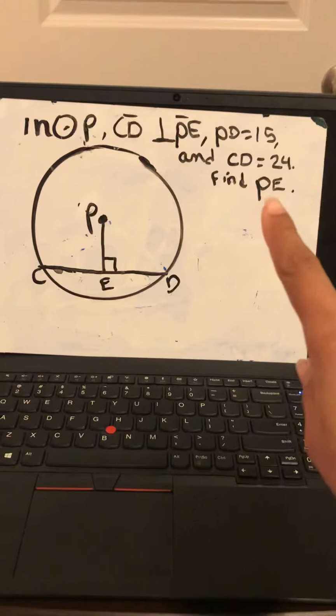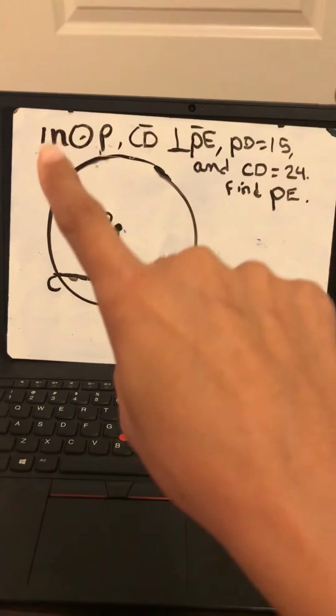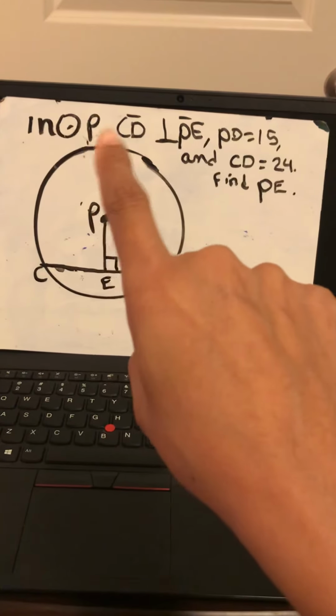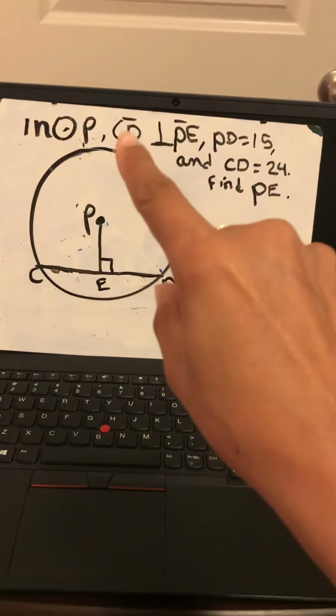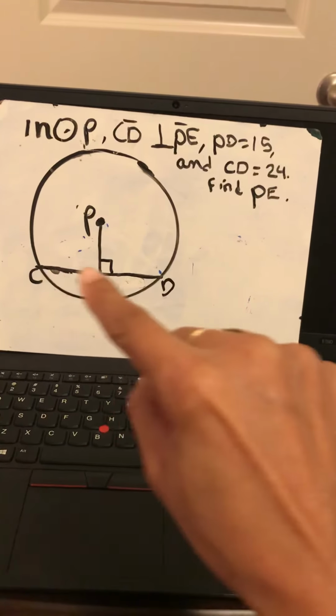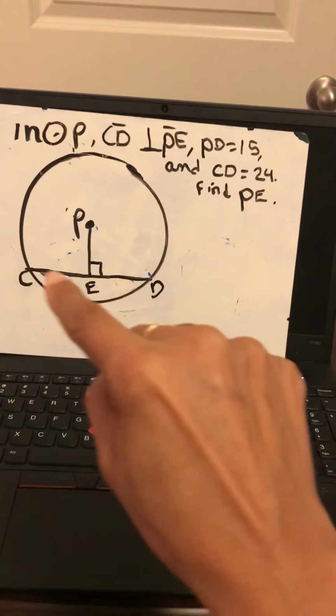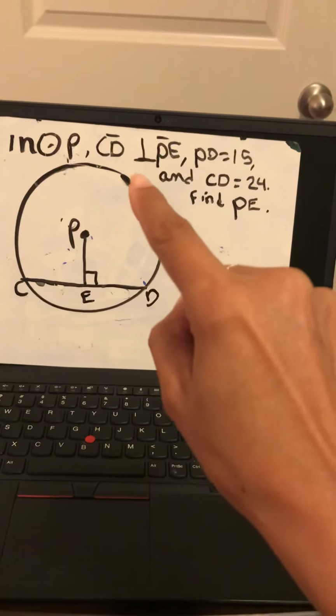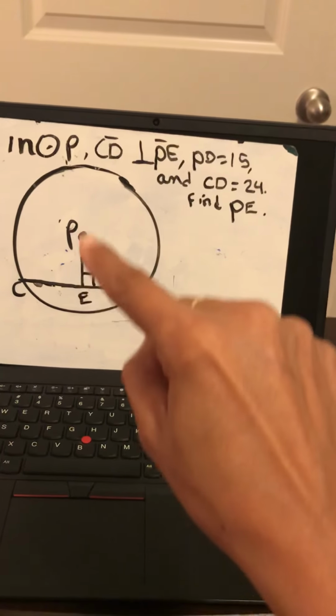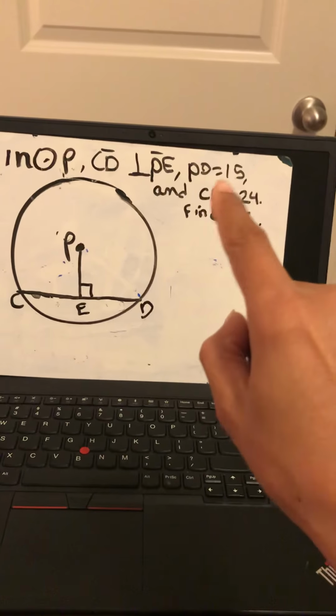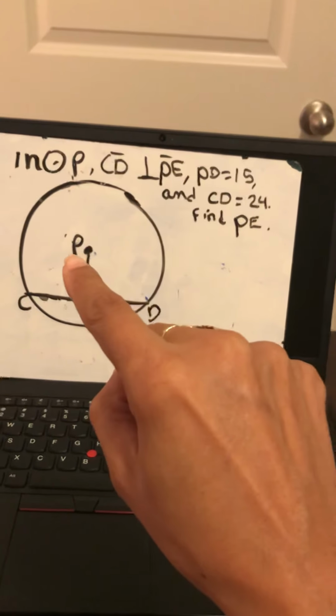The question says to find PE, and they're giving us some information. They're telling us that in circle P, CD, which is a segment, a piece of a line, or a chord, is perpendicular to PE, and PD is 15. They don't have PD here.